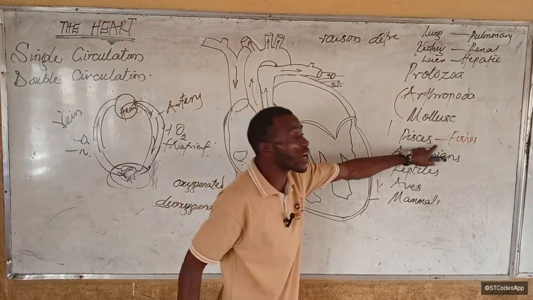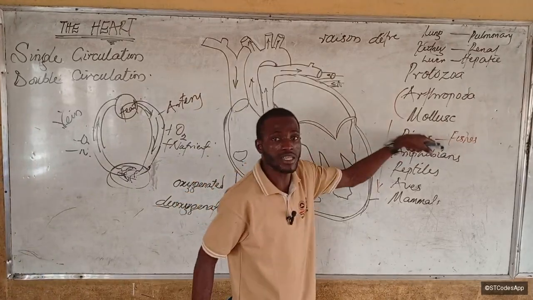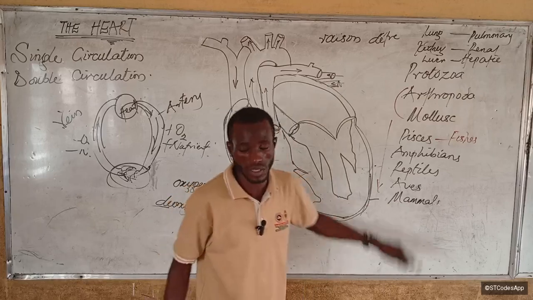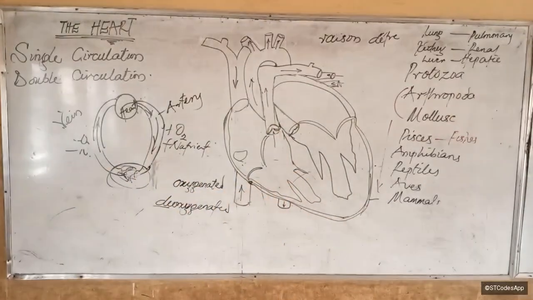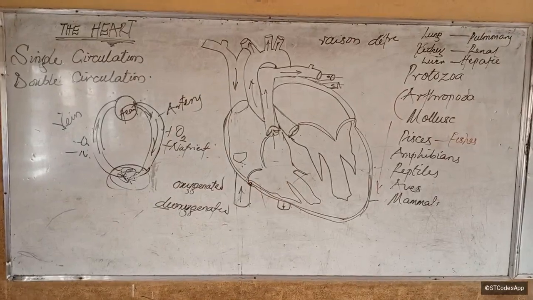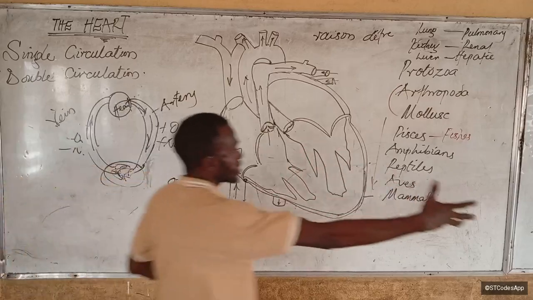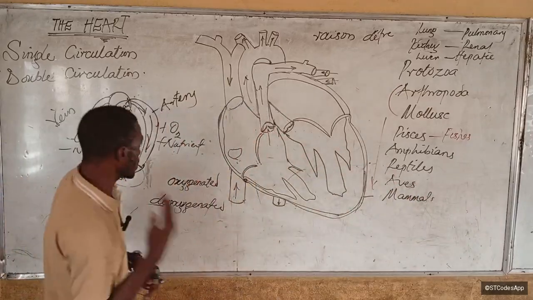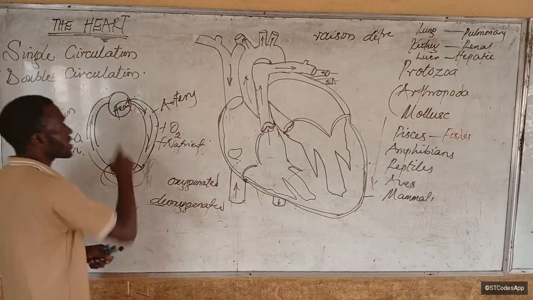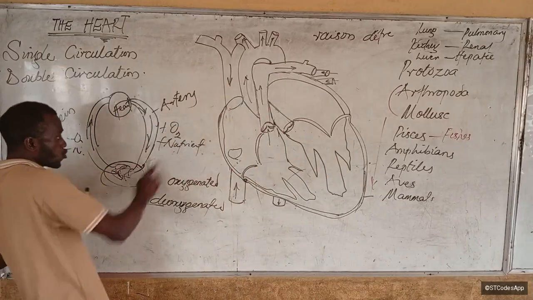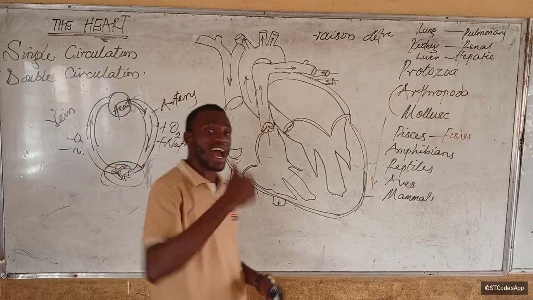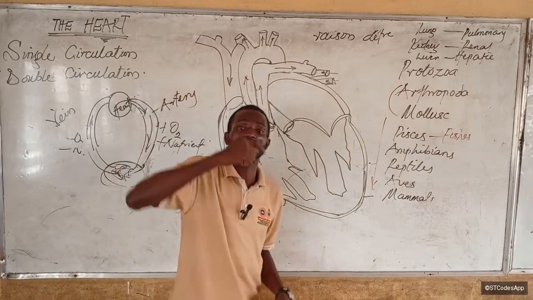Now, if it were to flow in one single loop, as we would see in Pisces, in fishes, then it means that there must be one part of this loop where that blood has to be oxygenated again.